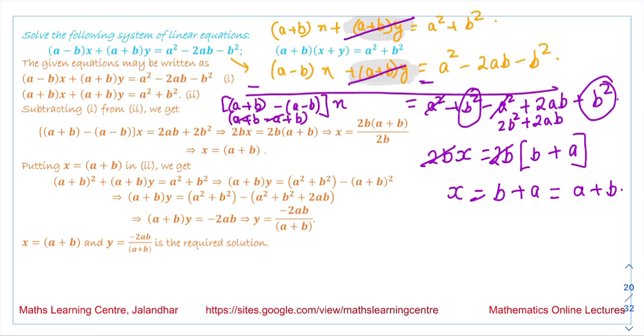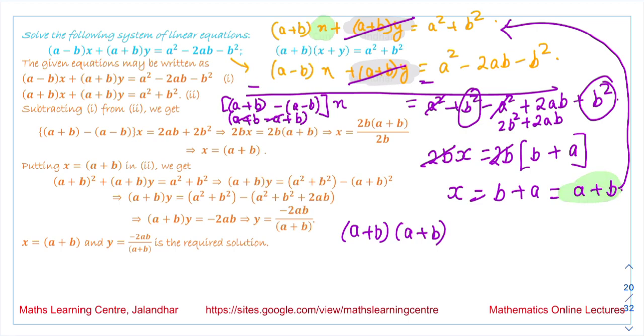Now we substitute this value in the first equation. So what we get is that (a plus b) into (a plus b). We are saying this is x over here, and this is the value of x that we have substituted over here, it is a plus b.